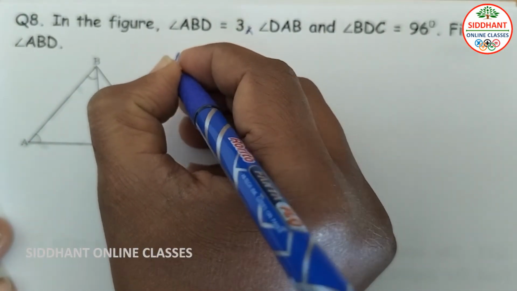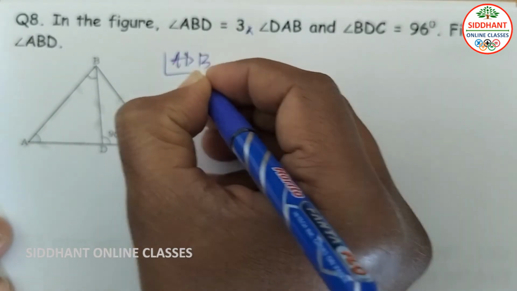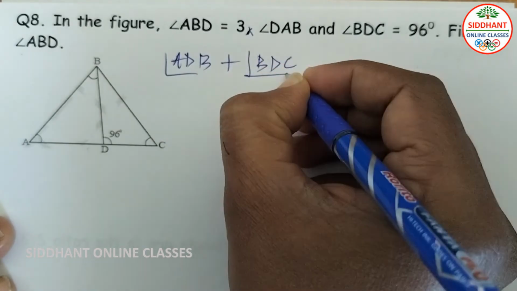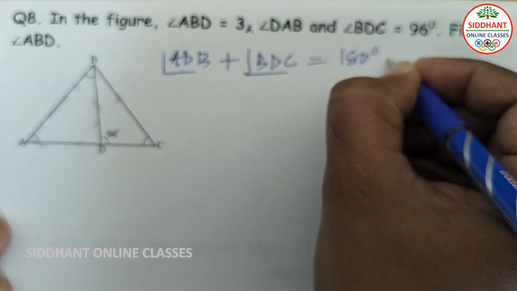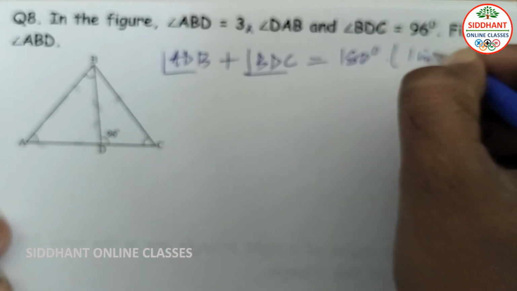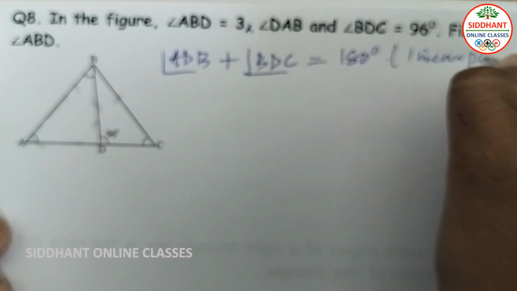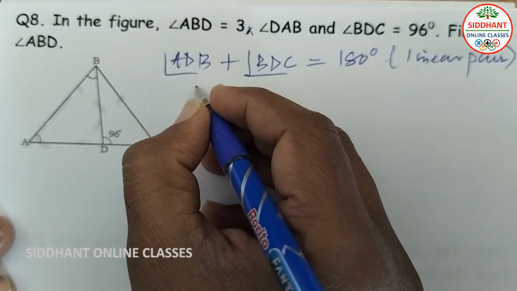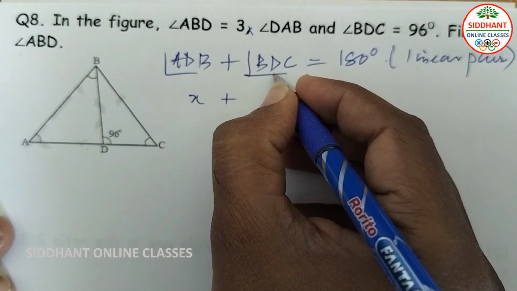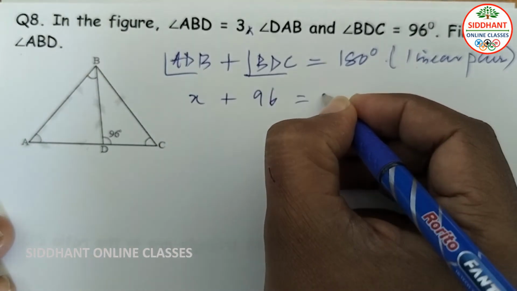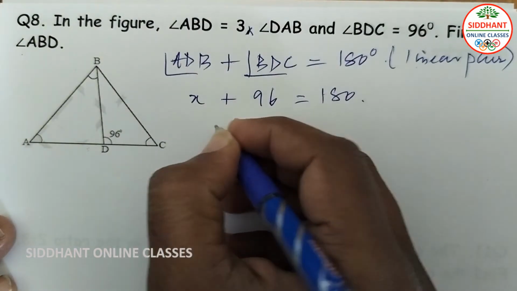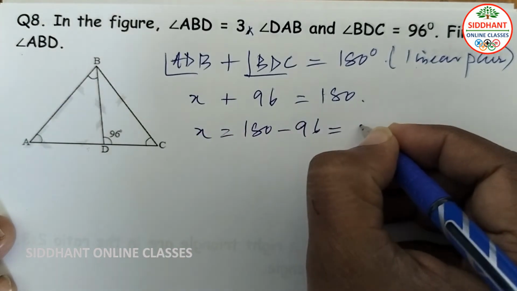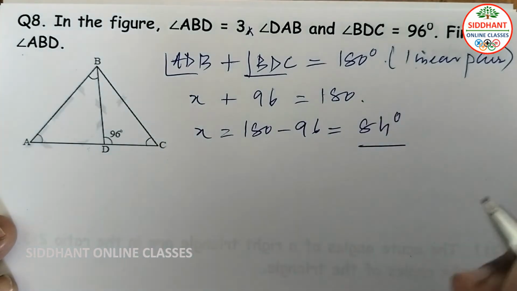So angle ADB plus angle BDC is equal to 180 degrees, because the two angles are a linear pair. Suppose ADB is X, and BDC is given, which is 96 degrees, and the sum is 180. Then X is equal to 180 minus 96, that equals 84 degrees here.